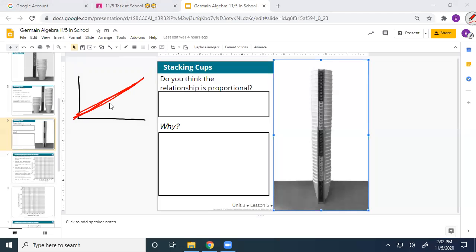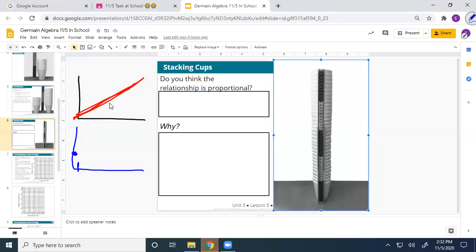What do you think, Pizza? Well, if we look at our graph, right? It would start like at 1, it would have a height of 8, right? So is it gonna start at 0, 0?